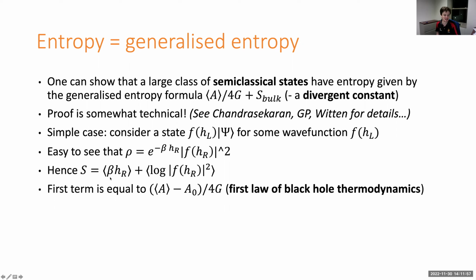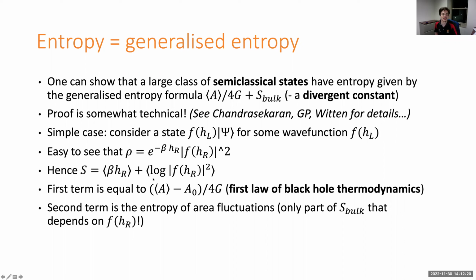And the relationship is such that beta HR is equal to A over 4G. So this first term is exactly the expectation of A over 4G minus an infinite divergent constant, which is just this divergent constant up here. Okay, A naught is the reference area of the black hole horizon, equivalent to E naught.